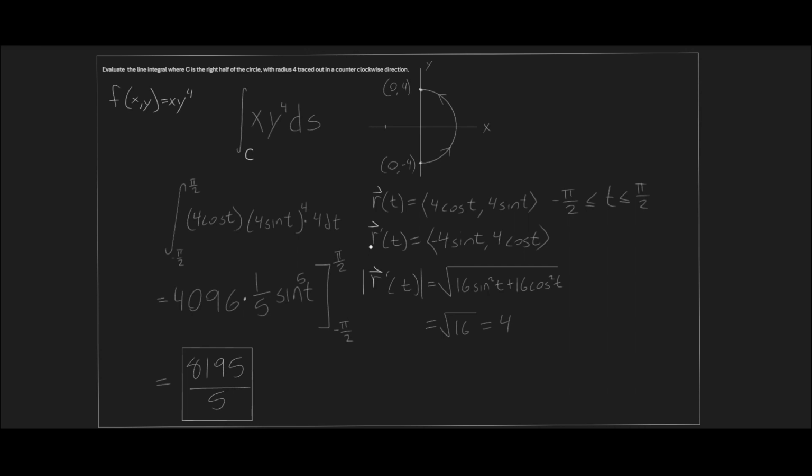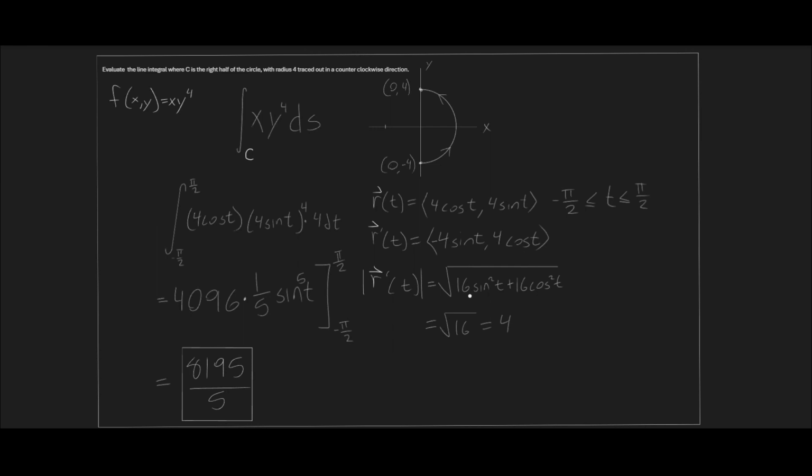Next, we need to find the magnitude of r prime. So for r prime, we just have to take the derivative of each one of these components. So the derivative of 4 cosine of t is -4 sine of t. The derivative of 4 sine of t is 4 cosine of t. And when we take the magnitude, remember we're taking the square root of its components squared.